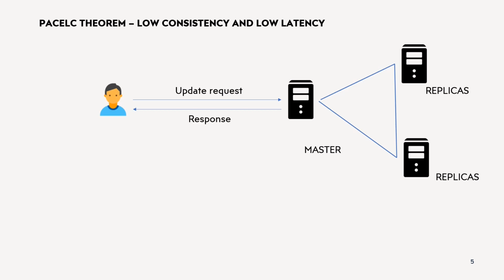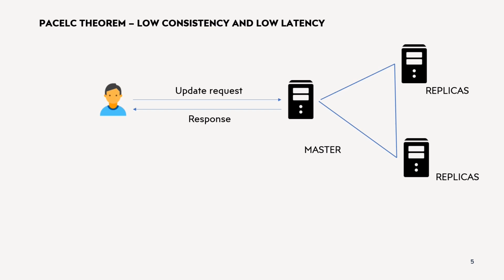It will not update the replicas at that time. It will do it later. So sometimes the system becomes inconsistent because the master is not focusing on updating data into the other servers or replicas. Here we are letting go of consistency. So in PACELC theorem, you have to choose between consistency and latency. If you want latency to be reduced, then you have to let go of consistency, and vice versa.